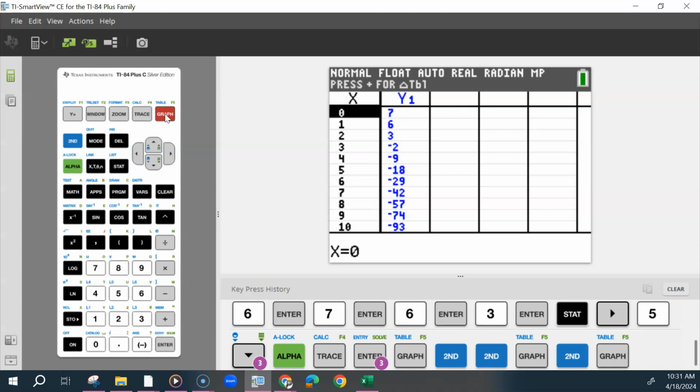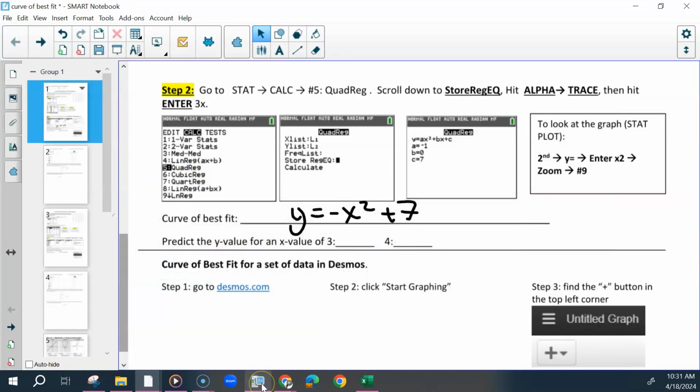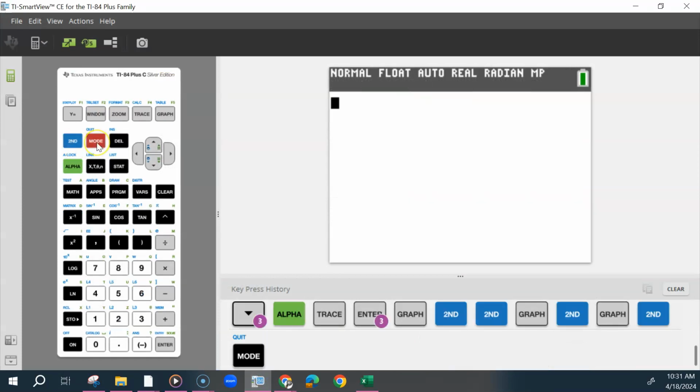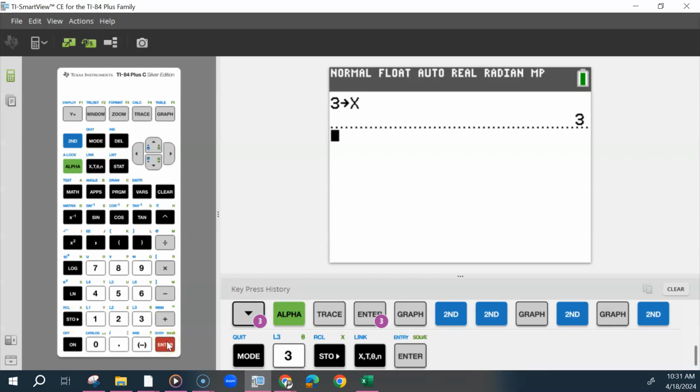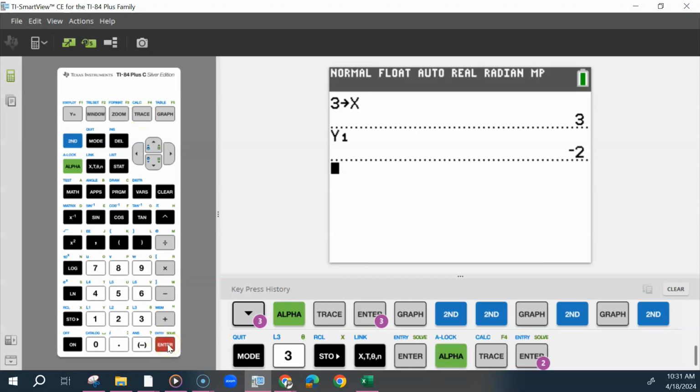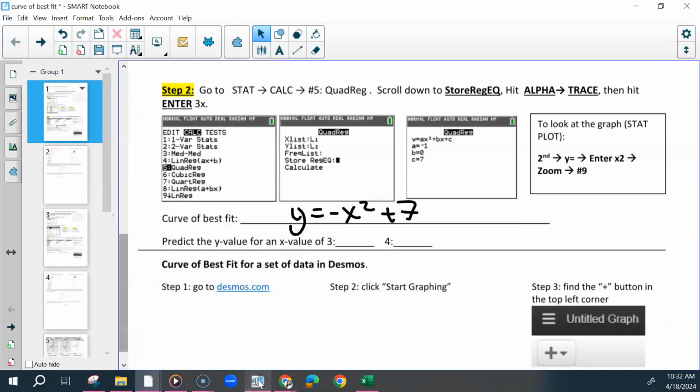Or you could go in and store one of your values as x. You have to do this separately. So if I go back to my home screen, I type in 3 STO x, hit enter, and then type in alpha trace and hit enter. Either way, you just need to figure out one of those ways. So the y value when x was 3 was negative 2.